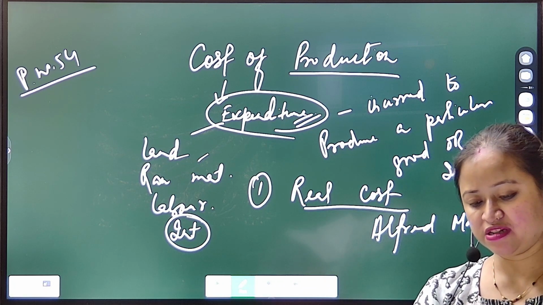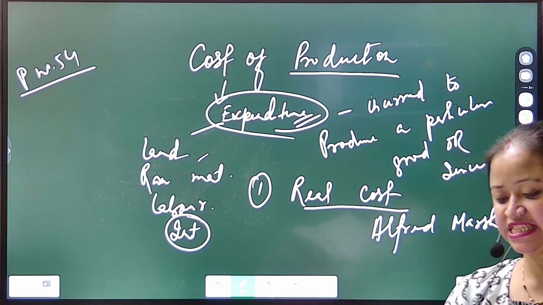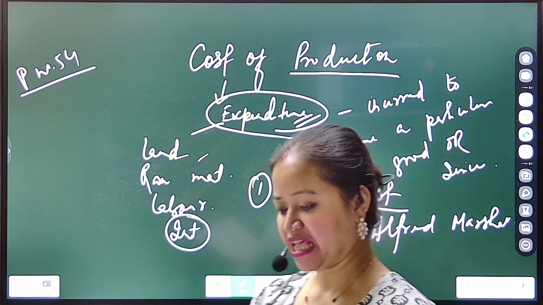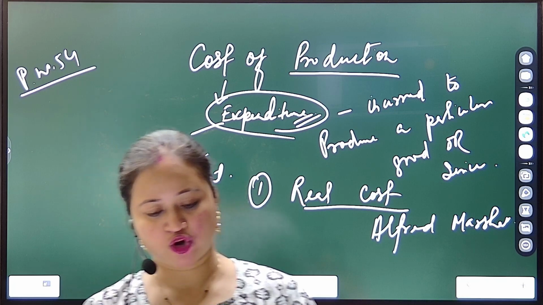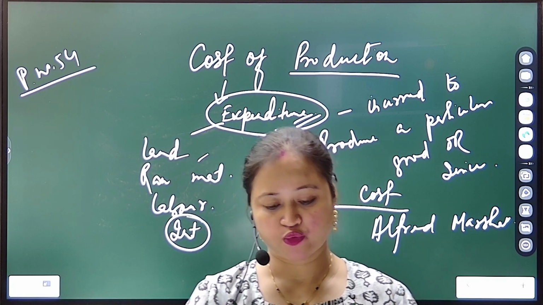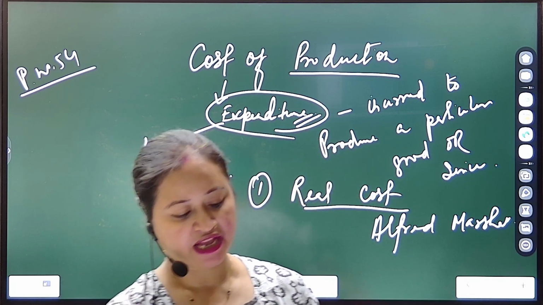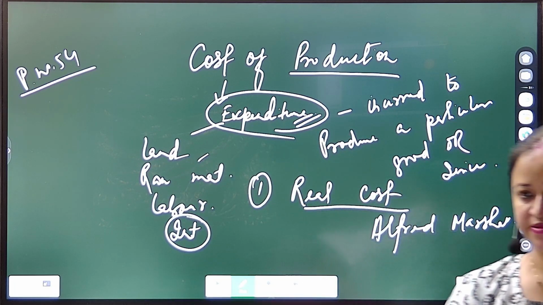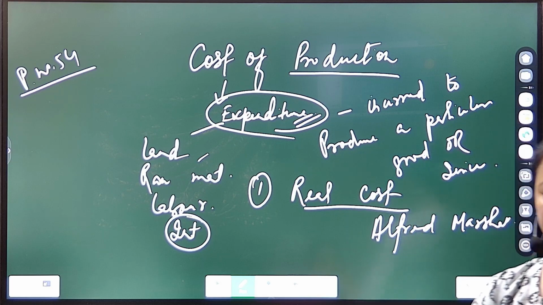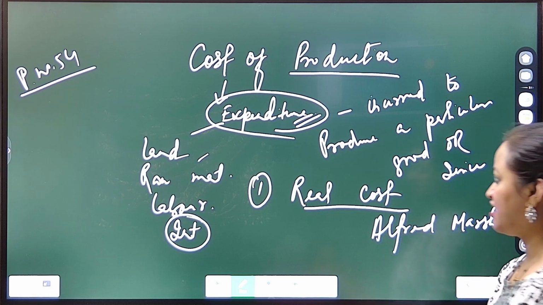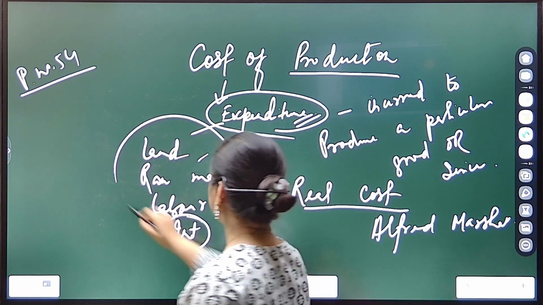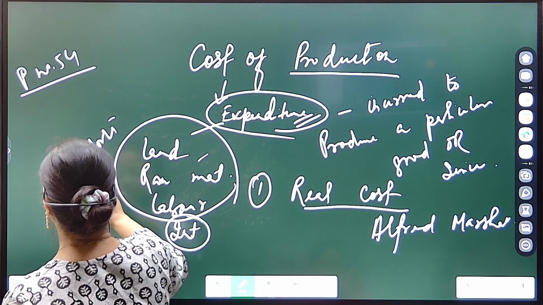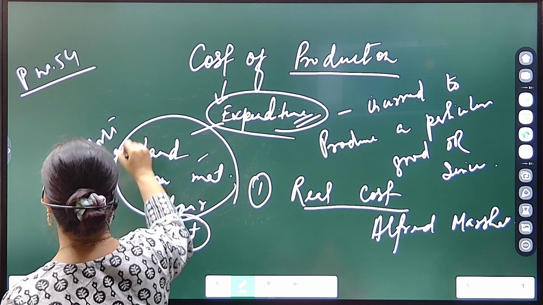Here, all the efforts and sacrifices together will be called the real cost of production. For example, all the kinds of labor, waiting and sacrifices required for saving the capital. So here we can say all this, and even the efforts given and the sacrifices made.